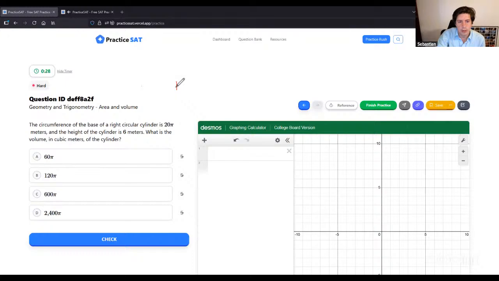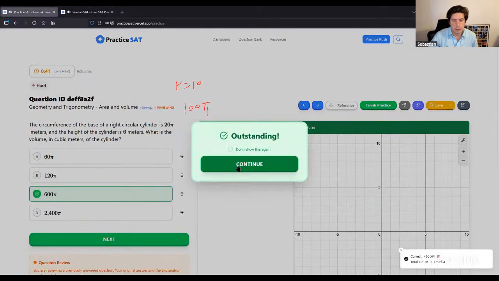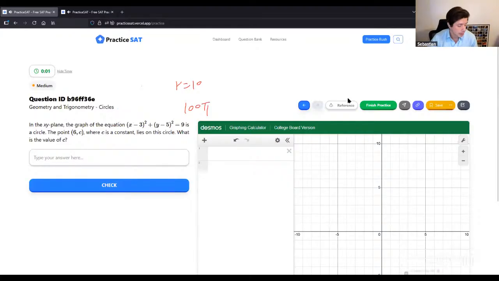So R equals 10. So the area is going to be 100 pi times 6. We should get 600 pi. All right, that's what I like to see.